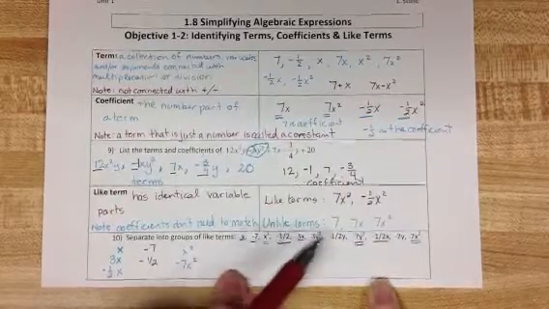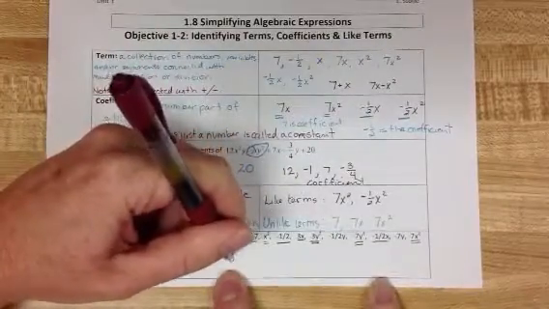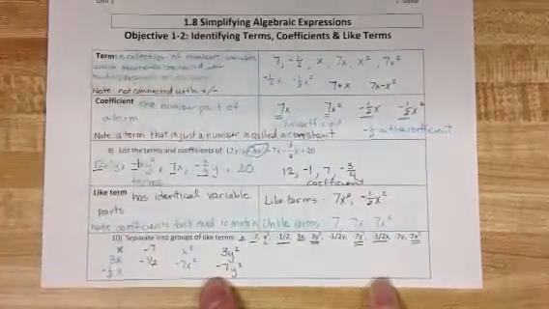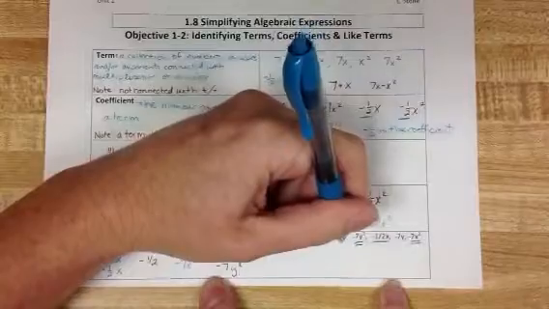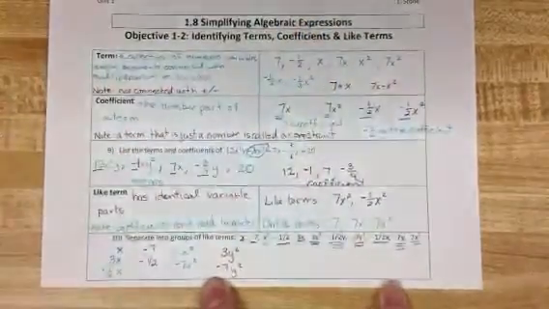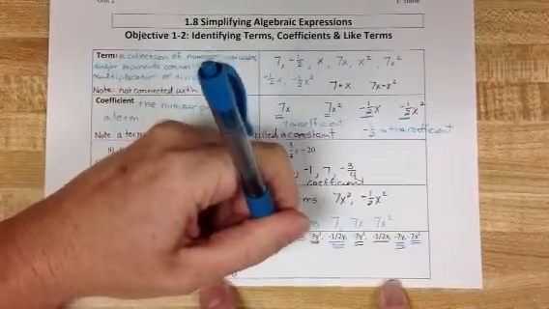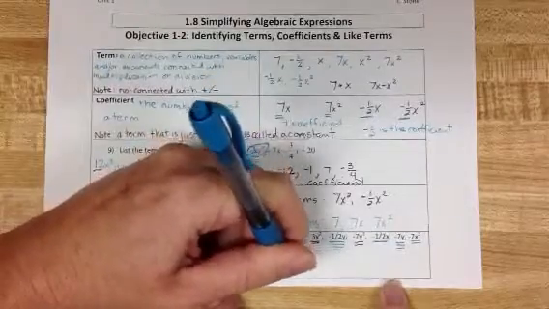This one has 2 x's, this one has 2 y's. So those are going to be in a list by themselves. And then it looks like our last collection are going to be the terms that just have a single y on them. So my last group is a negative 1/2 y and a negative 7y.